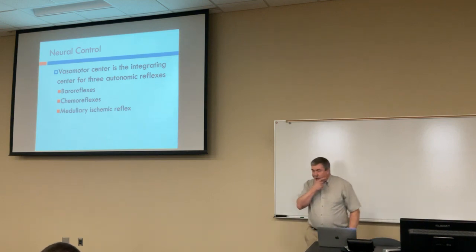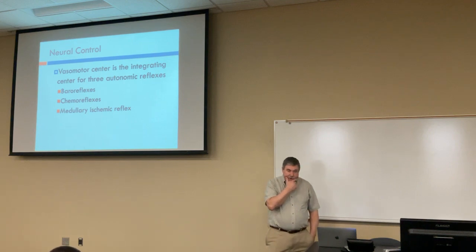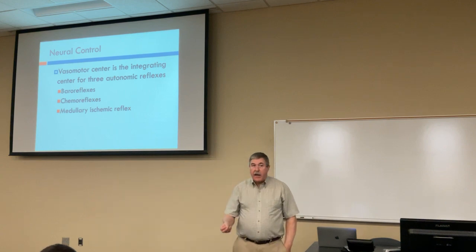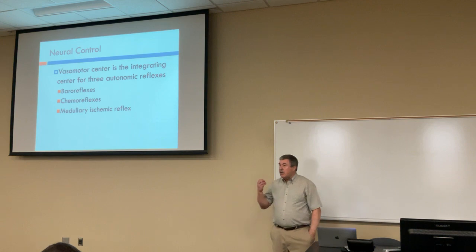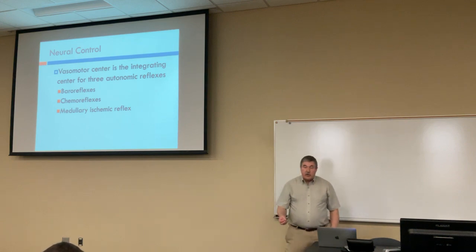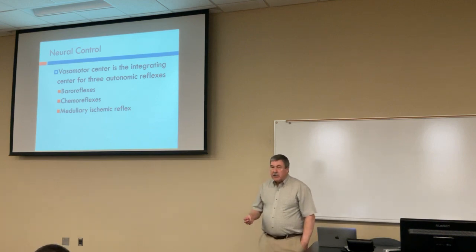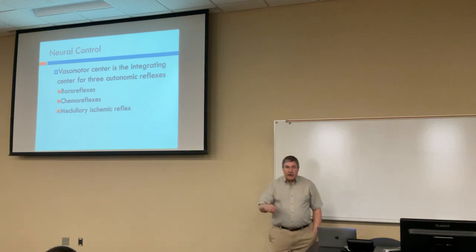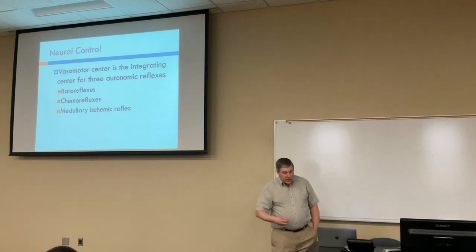So the part of the brain that regulates blood pressure is located in the medulla oblongata along with the cardiac center and the respiratory center. There's another center called the vasomotor center. The vasomotor center is what regulates blood pressure. And there are 3 different reflexes that have input to the vasomotor center and can regulate blood pressure.